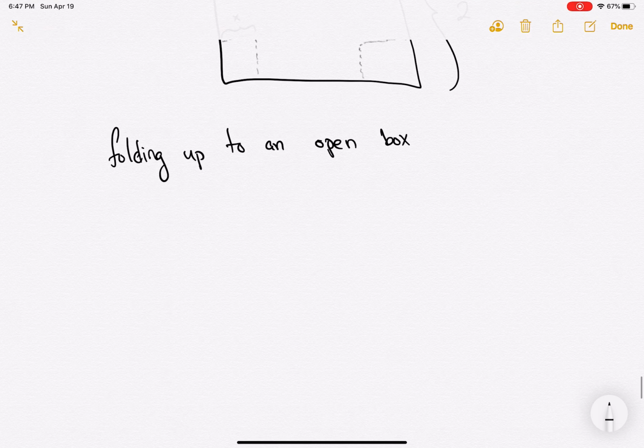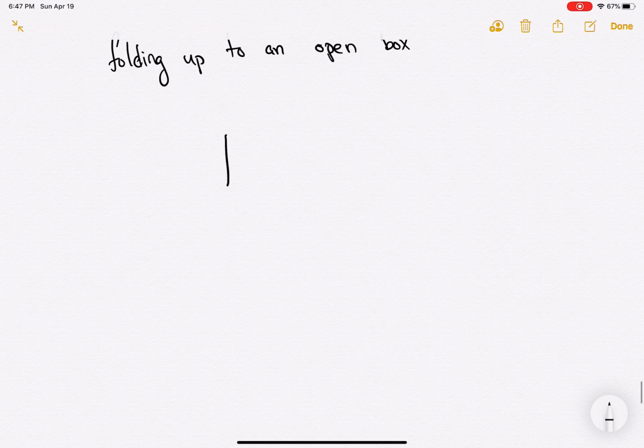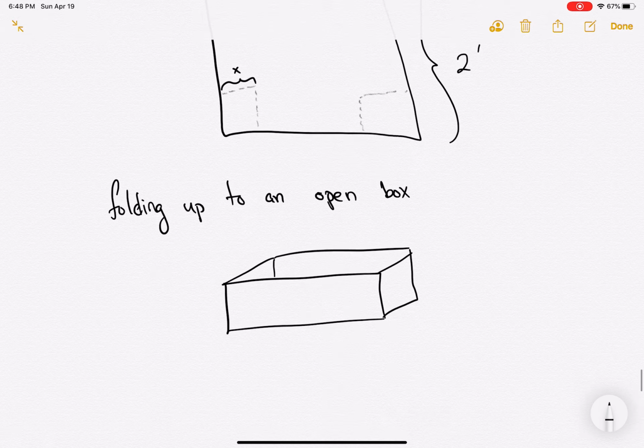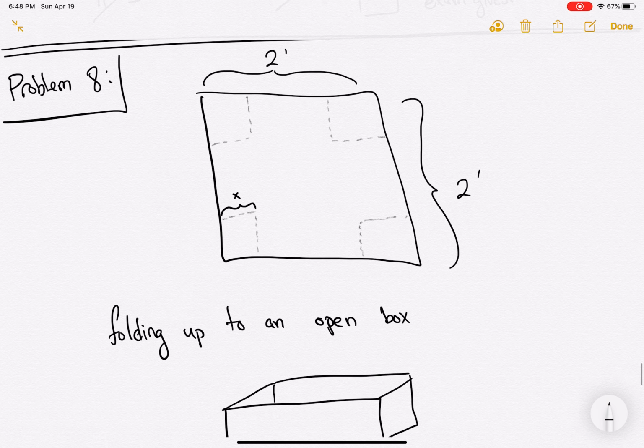So when it gets folded up, it'll look something like that, and then this will drop down because it's open. I'm not going to label the sides there yet because that's something we're going to do as we go through the problem. It says, what will the dimensions of the final box be that maximizes the volume?